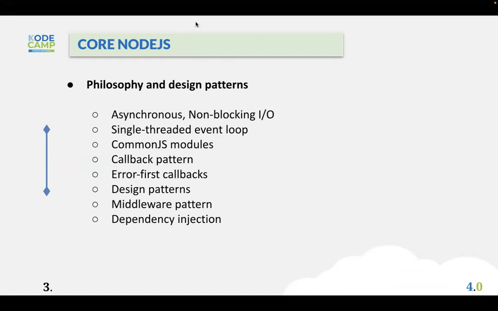We also looked at the single-threaded event loop nature of Node.js, and also CommonJS modules, callback pattern, error-first callbacks, design patterns, middleware pattern, and dependency injection, which we just looked at. This dependency injection is a kind of advanced concept in coding, not just in JavaScript. It's an advanced concept, but we will understand it better when we start building APIs with Nest.js.